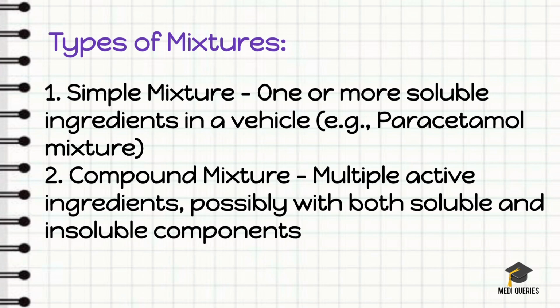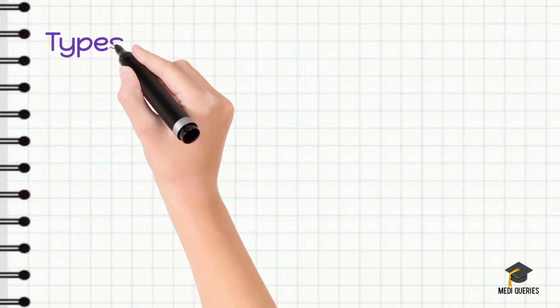So what does the simple mixture mean? Here one or more suitable soluble ingredients are mixed in a vehicle. Example, paracetamol mixture. The second one is the compound mixture. It has multiple active ingredients, possibly with both soluble and insoluble components, mixed in a suitable vehicle. The third one is the suspension mixture.